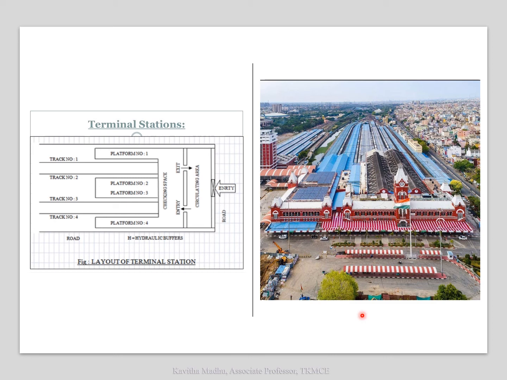Whereas if you consider Kollam or Trivandrum, you can see the track will be running in both directions and the railway station is provided by the side of the track. Whereas in the case of a terminal station, the station is usually aligned perpendicular to the track. So all these different railway lines coming from different directions are terminating at this terminal station.